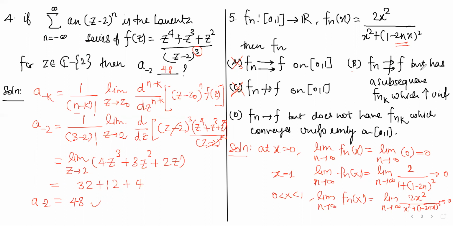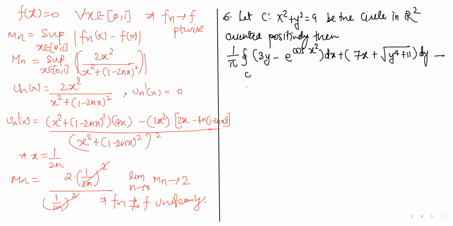That is fine, but has a subsequence. If you take any n, let's say the subsequence will look like f2n or f3n, fn square. There can be any subsequence, but for any n, you'll get the same behavior. So fn cannot have a subsequence which will converge uniformly. So option D will be true because fn is pointwise convergent and it does not have a subsequence which converges uniformly. And that finishes your solution.